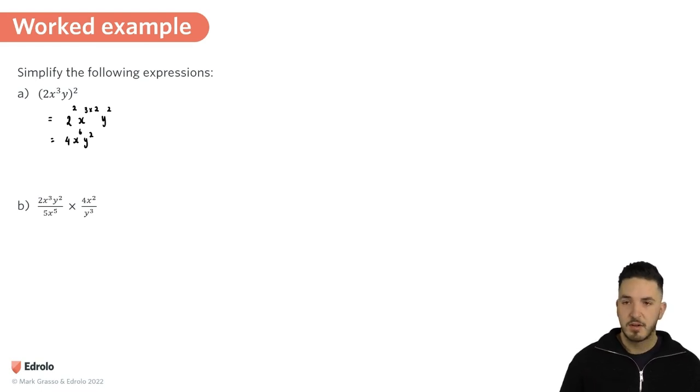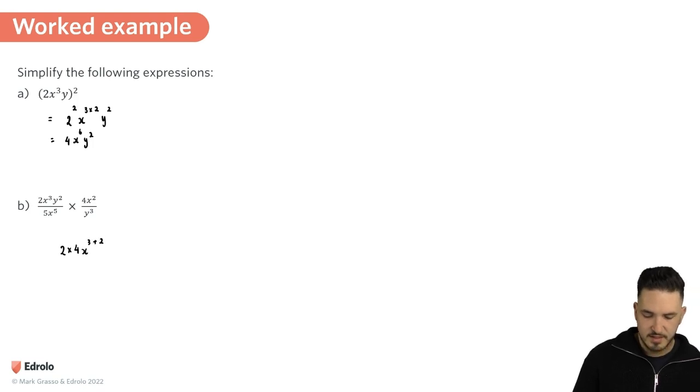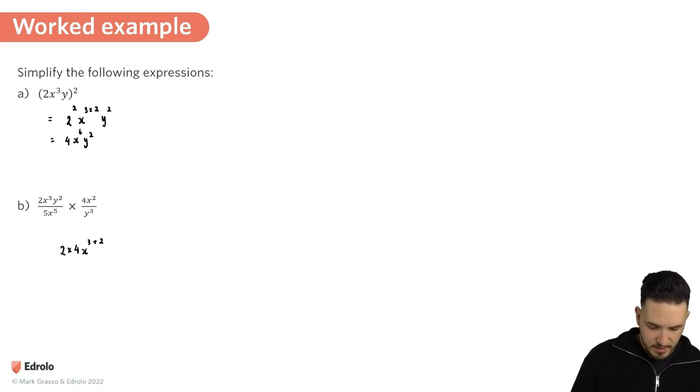In this instance, I'm going to multiply first. So we're going to have 2 times 4, then x to the power of 3 plus 2, because again, it's x squared on the other numerator, y squared, because there's no other y, all divided by 5x to the power of 5, y cubed.